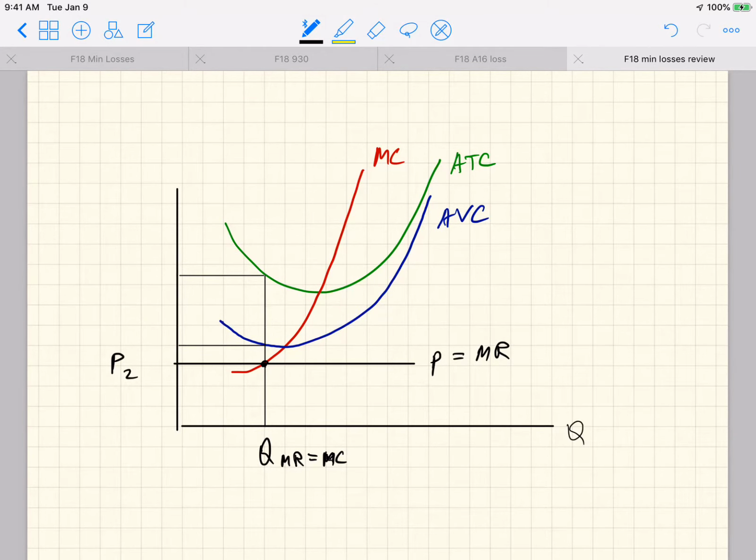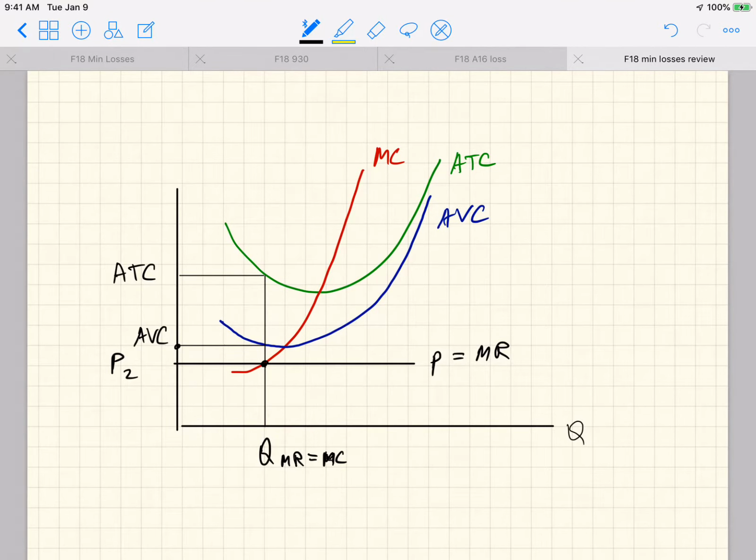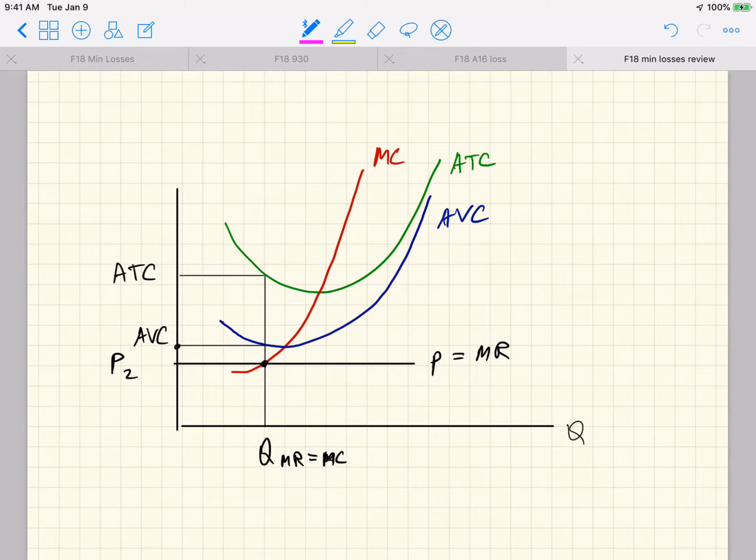Okay, so this is ATC, this is AVC, and so we can find losses, I used pink color. So our losses is ATC minus price, actually price minus ATC, which will be negative because price is smaller than ATC.